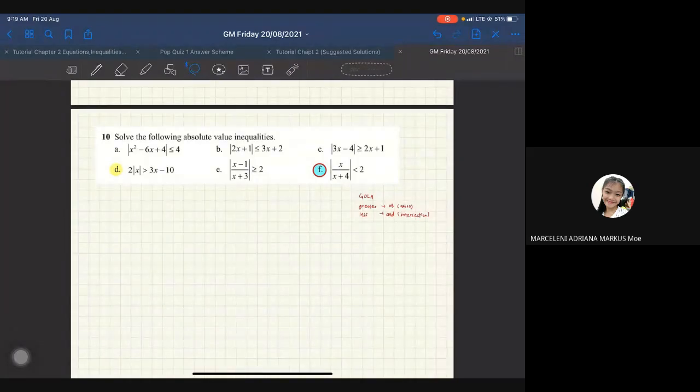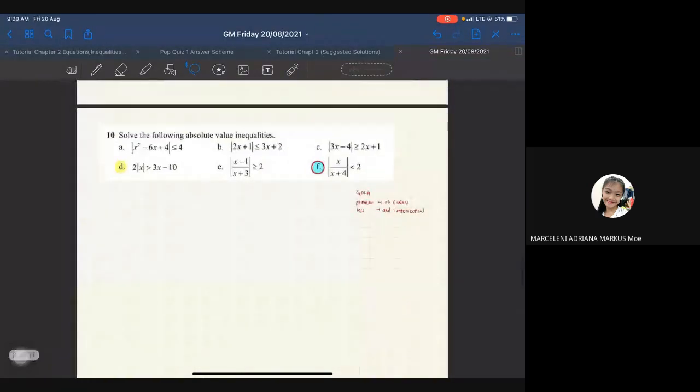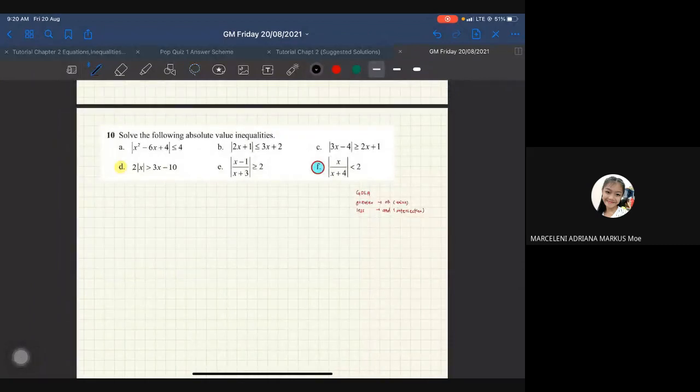Okay, so nombor F. Alright, so for part F, kita ada rational, we have a fraction inside a modulus. Okay, so dia sama juga macam equation tadi, awak akan make sure yang tinggal dekat sebelah kiri hanya absolute values sahaja. Okay, so sekarang kalau awak tengok soalan F tu memang dah tinggal absolute values lah. Okay, so sekarang awak tinggal buka saja.